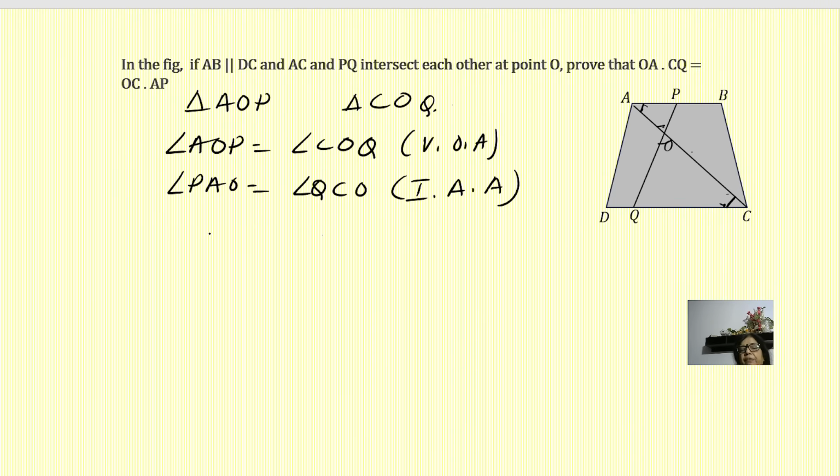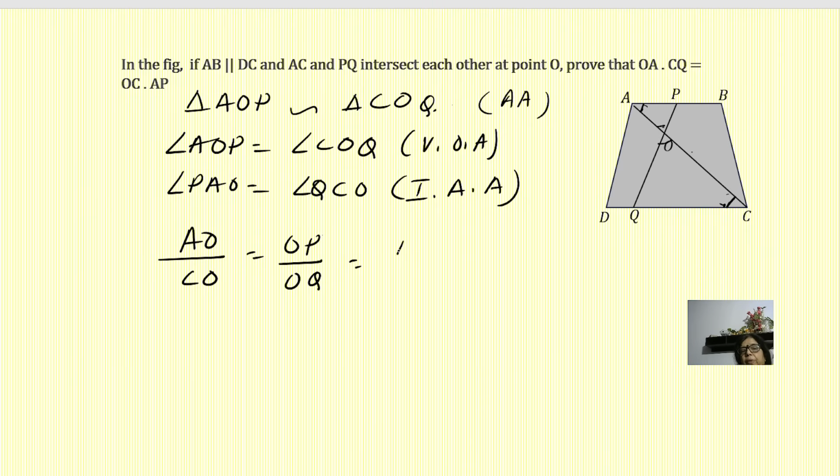So now we can conveniently write triangle AOP is similar to triangle COQ by AA criteria. In this order, C is equal to A, and the O angles are equal, so we get this relation. If I write down the proportionality relation, I'll get AO by CO is equal to OP by OQ is equal to AP by CQ.